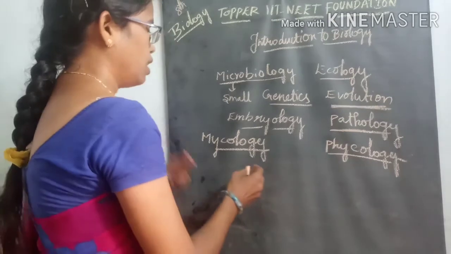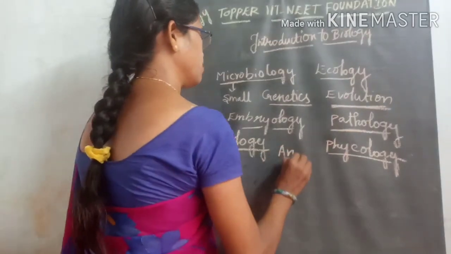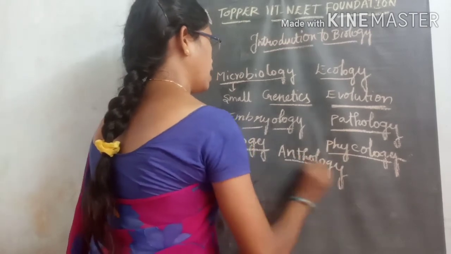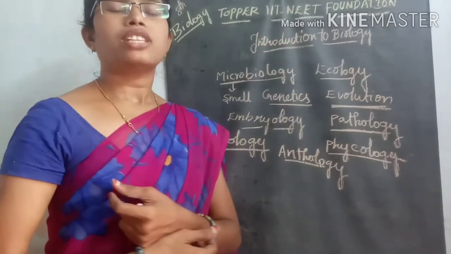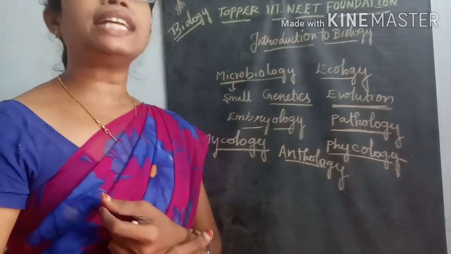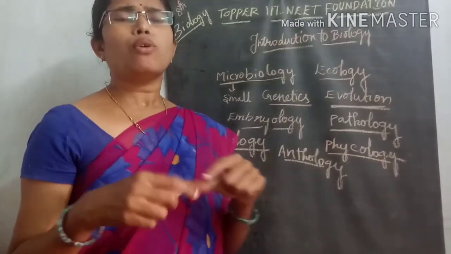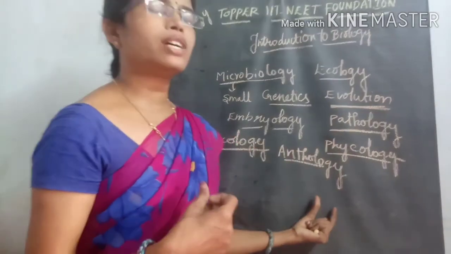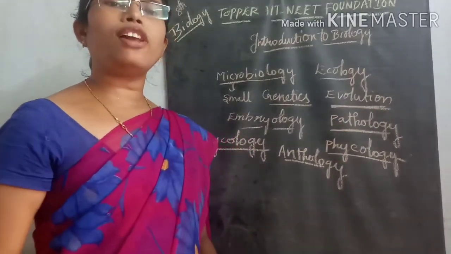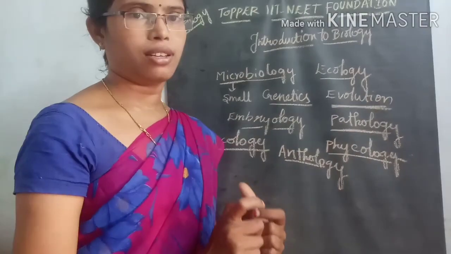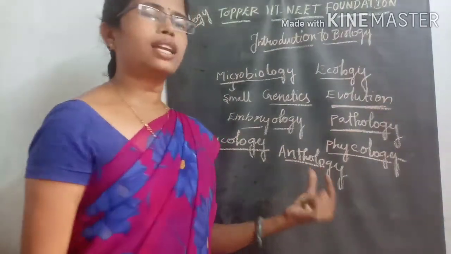Then coming to another important science which mainly deals with plants, anthology. Anthology means the study of science that mainly deals with flowers. In plants there are so many different varieties of flowers. Without flowers there is no fruit formation and no sexual reproduction in plants.